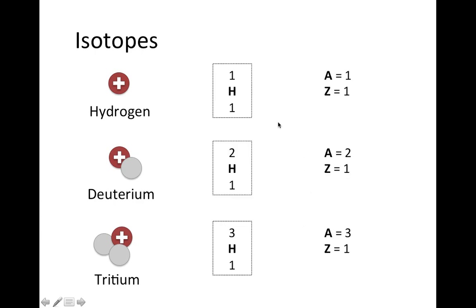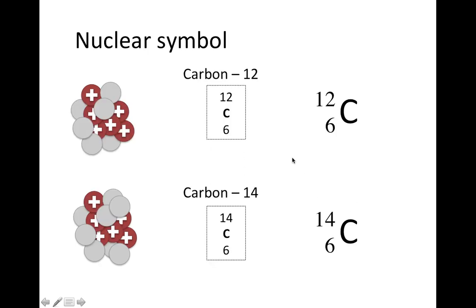Here is the data as you would find it on a variant of the periodic table. The atomic number or proton number stays the same every time, Z equals 1, but the mass number goes up by 1: A equals 1, 2, 3. That's how you'd find it on a periodic table type arrangement. If you are writing this down, you would write it using this symbology.